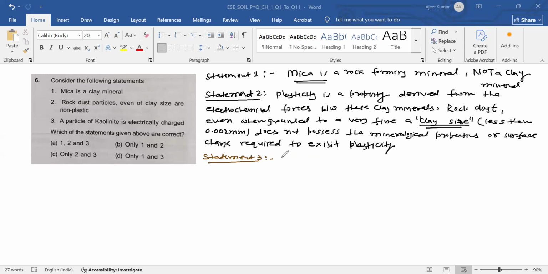Like all clay minerals, a particle of kaolinite is electrically charged.